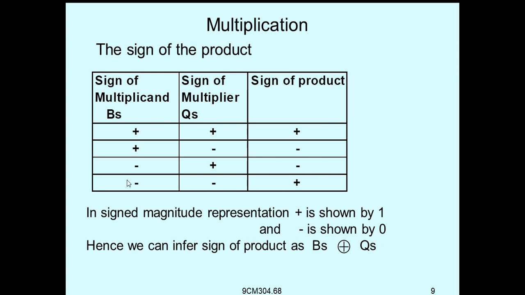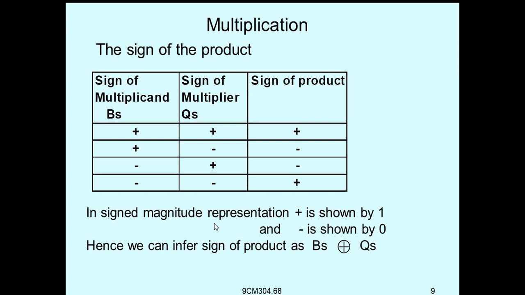Sign of the multiplicand is minus, sign of the multiplier is minus, so minus into minus is plus. Like this, we can give the sign to the final product.